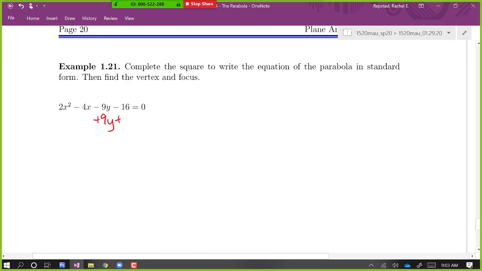By the way, looking at this equation, how do I know it has to be a parabola? Yeah, one variable is squared, the other's not. Which way is this parabola going to be oriented?